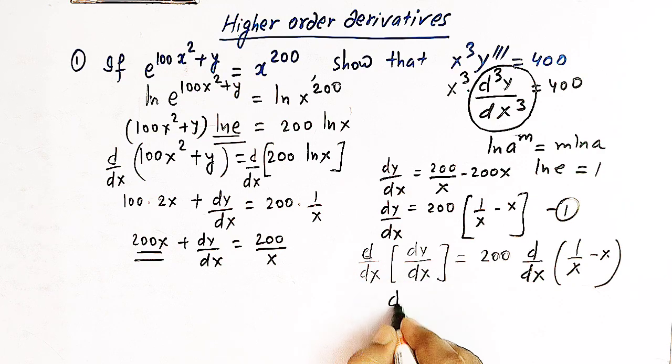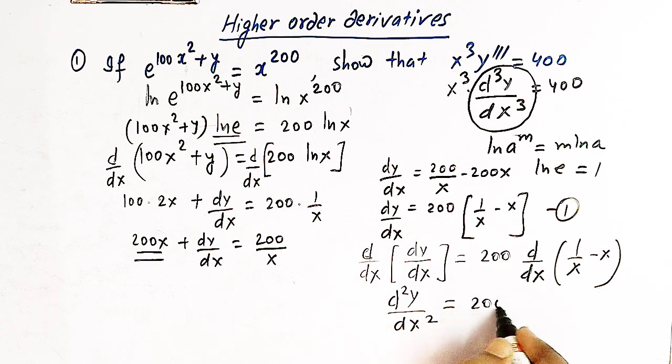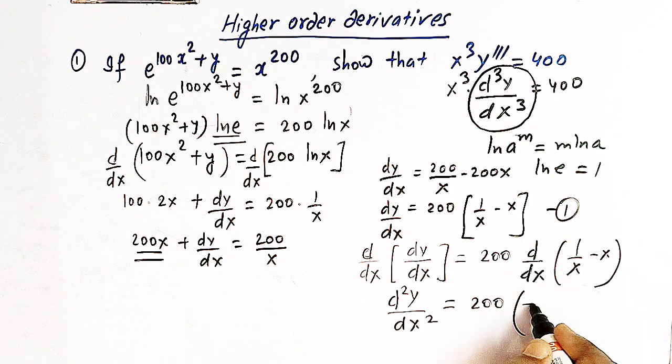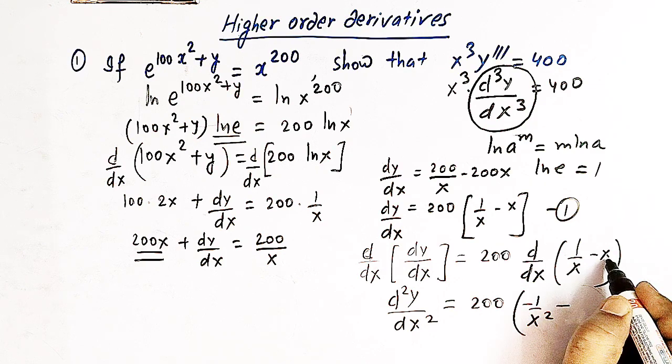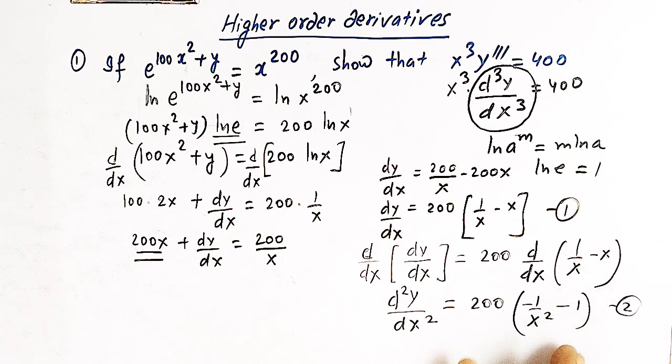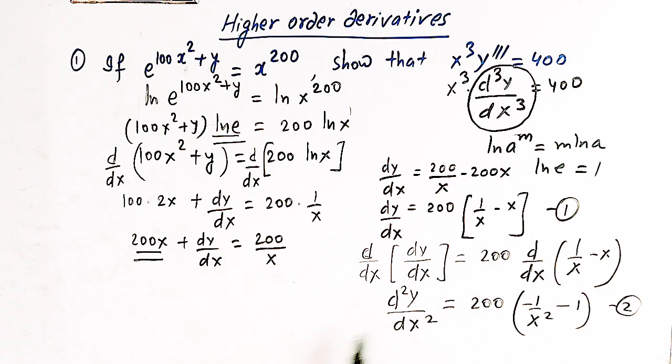So this is the second order derivative d2y over dx2, and here we have 200. The derivative of 1 over x is minus 1 over x square, and the derivative of x is 1. So this is the expression for the second order derivative.